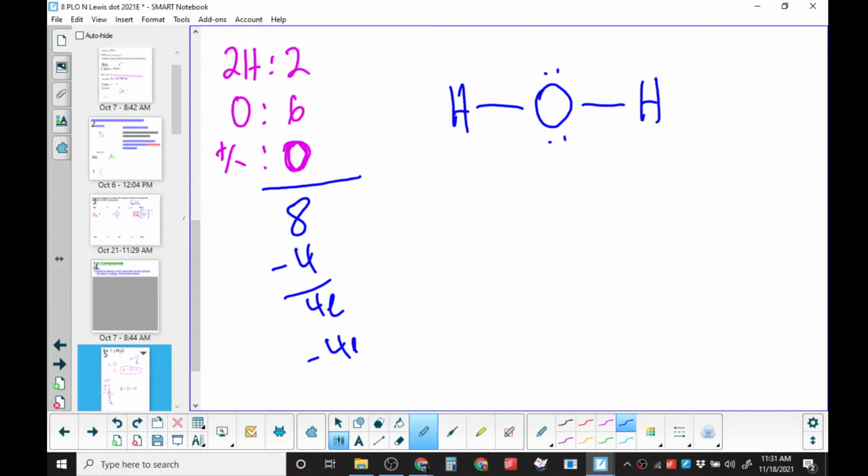And then we minus them away, and we have 0 electrons. And then we inspect. Is oxygen happy? Yes. If it wasn't happy, if it didn't have 8, let's say it only has 6, then we'd start taking electrons from its neighboring atoms and making double bonds and triple bonds. And this is to make sure that we stop adding electrons when we run out. Okay?